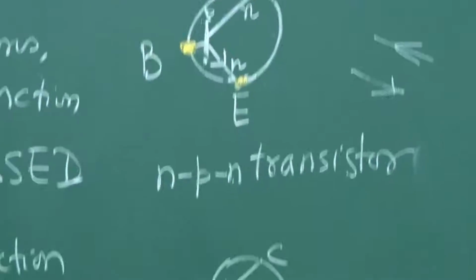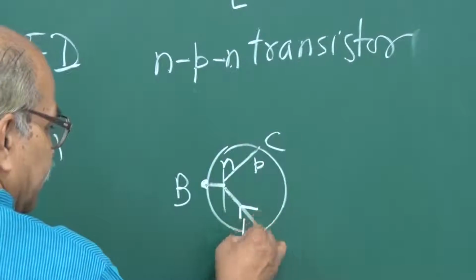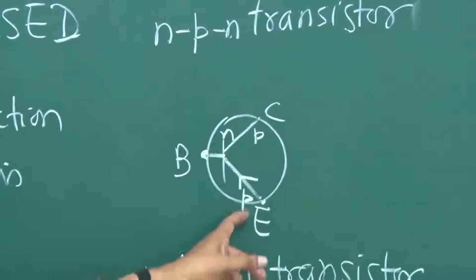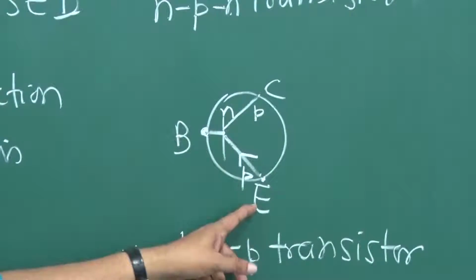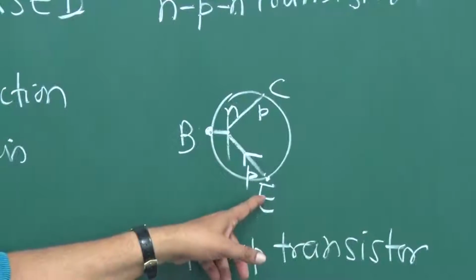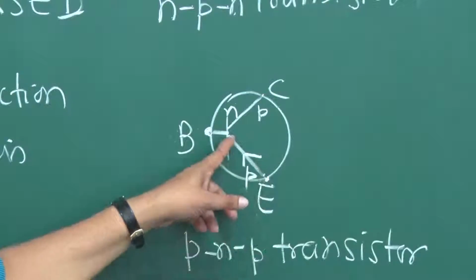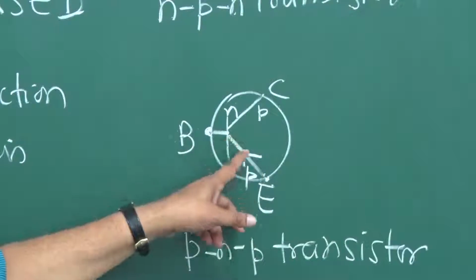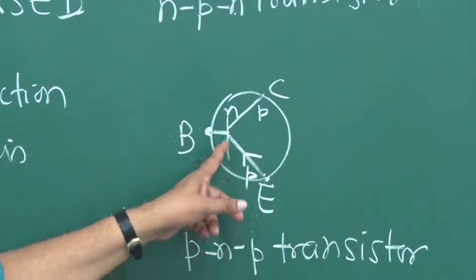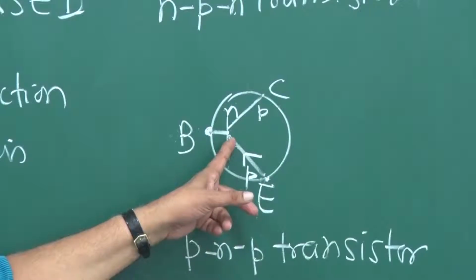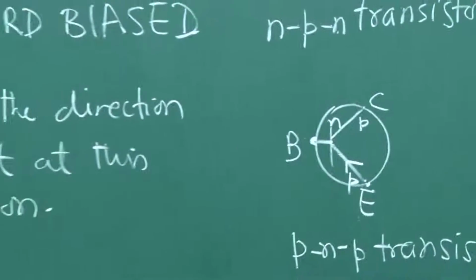And if it is a PNP transistor, if this is P, this is N, and this is P, then at the base emitter junction, if it is forward biased, what will be the direction of current? From P to N. Emitter is P type and base is N type. So in forward bias, the current should be from P to N, and therefore the arrow is in this direction. So that is how the arrow is decided. So this is the symbol.